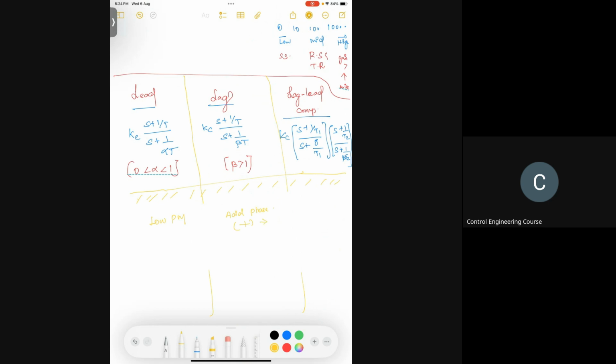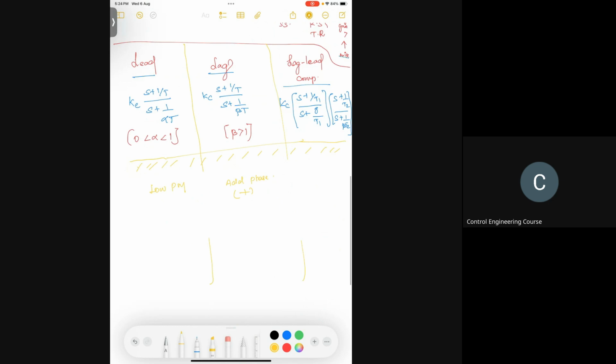When you want to add phase, you would generally shift your Bode plot to the left so that the phase will be added. If you shift your Bode towards the right, the phase will be decreased or subtracted, right? So in this case, you tend to choose a compensator that is lead type.